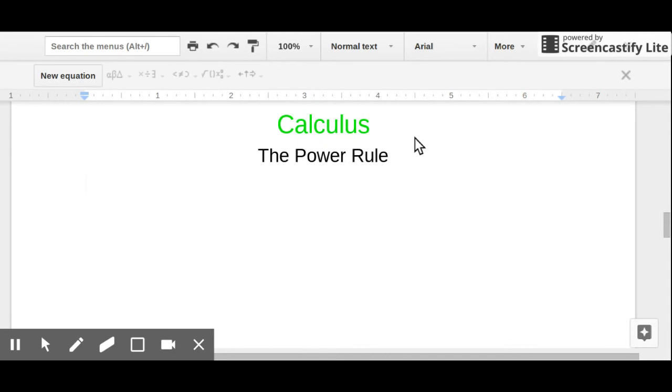Say we have y is equal to x cubed divided by 8. And what we're going to want to do here is find the equation of the tangent line at the point 2, 1. Let's take a look at the graph.